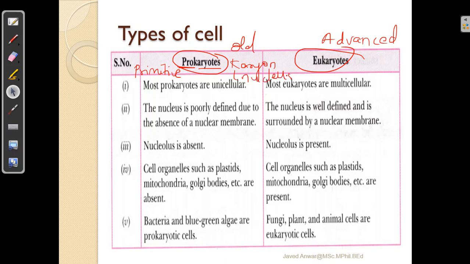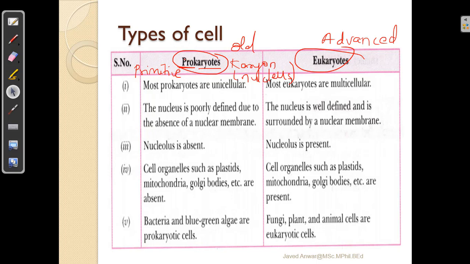As you know, every cell has a nucleus without which it cannot work. In the same way, the initial nucleus was little primitive, little old. Nowadays you have an advanced nucleus. What is there in the advanced nucleus we are going to study in our upcoming sessions. For the time being, remember pro means old and karyon means nucleus.